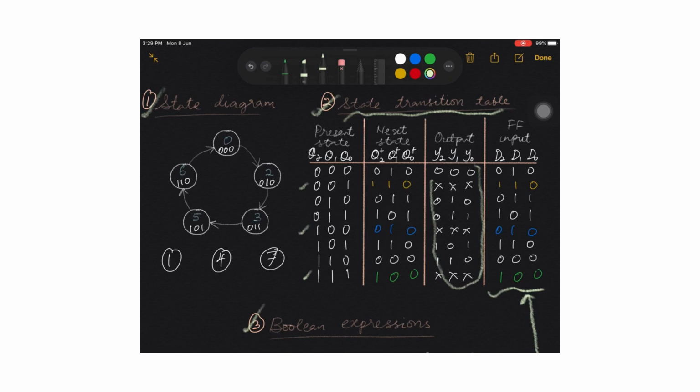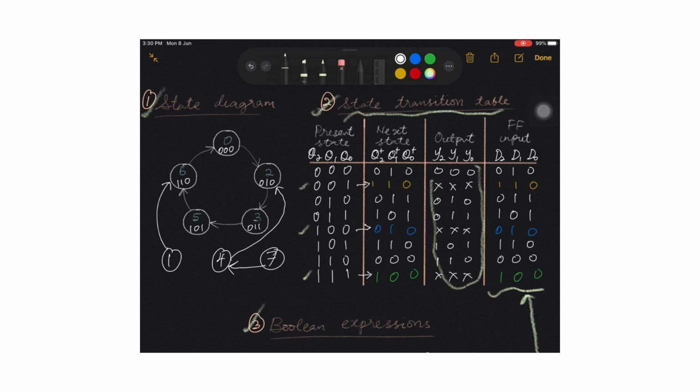From the updated state transition table, we can see that 1 goes to 6, 4 goes to 2, and 7 goes to 4.